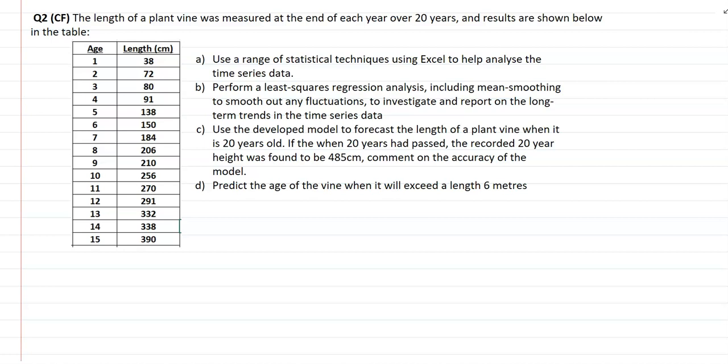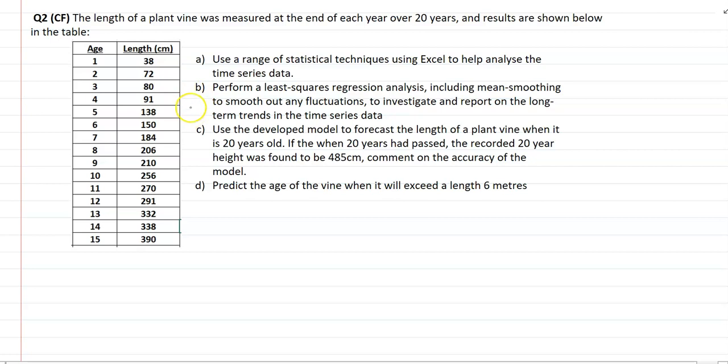Okay, let's move on to question 2. This looks like a time series question. We've got a length of a plant vine measured at the end of each year over 20 years, and the results are shown in the table below there. You have to firstly use a range of statistical techniques using Excel to help analyze the time series data.